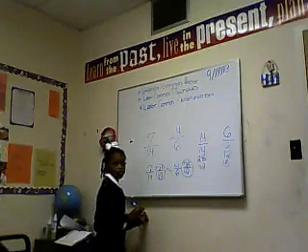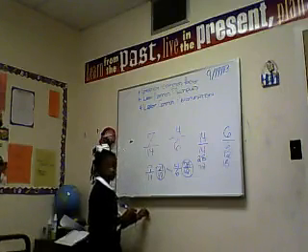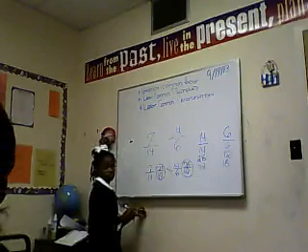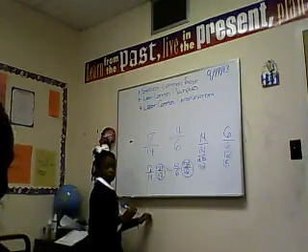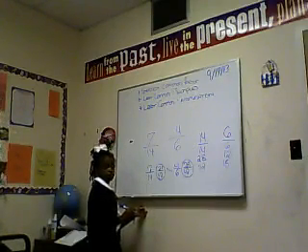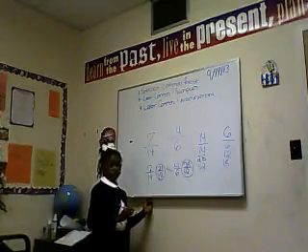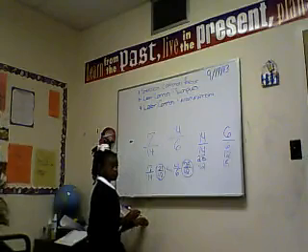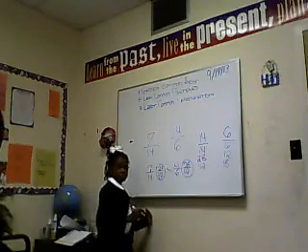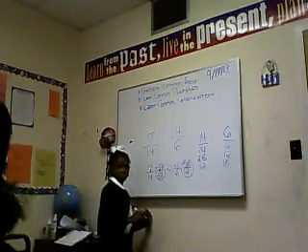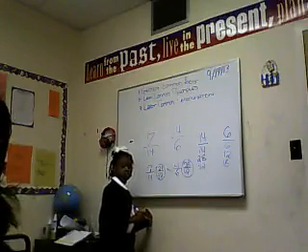Less than. Why? Because 21 over 42 is the same thing as 7 over 14. It's equal to it. But you have to find the LCD in order to compare them, because when you find the LCD, you don't have to look at the denominator anymore.